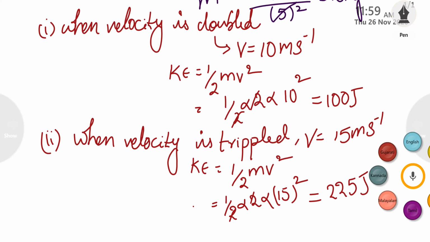Work done, W is equal to mgh, where g is the acceleration due to gravity.